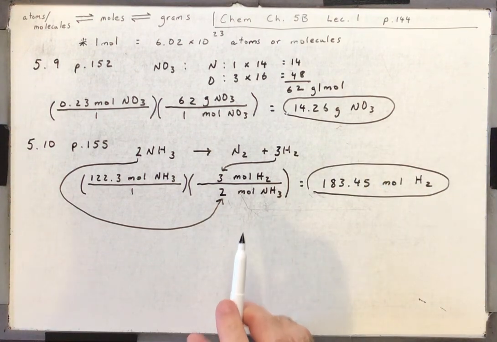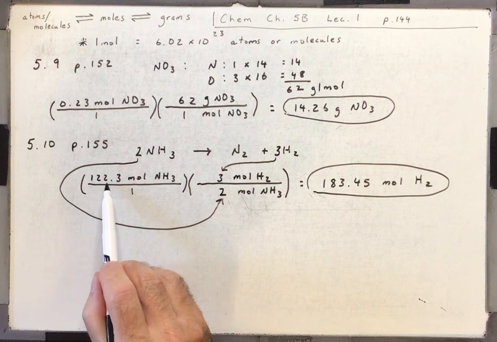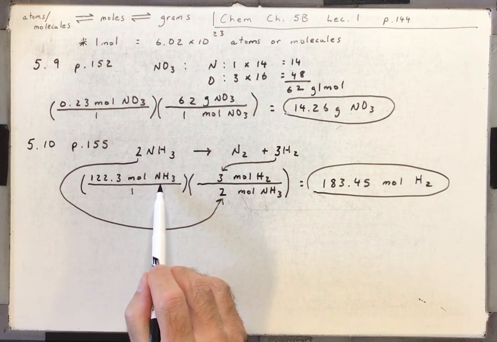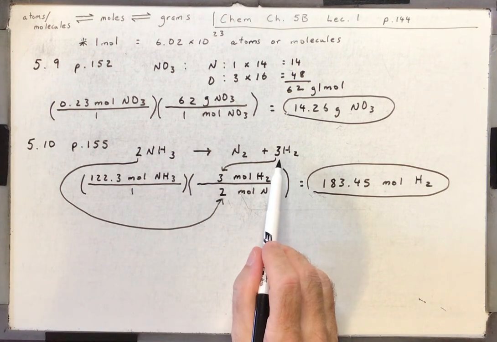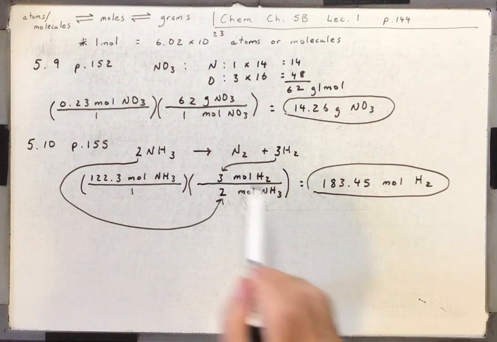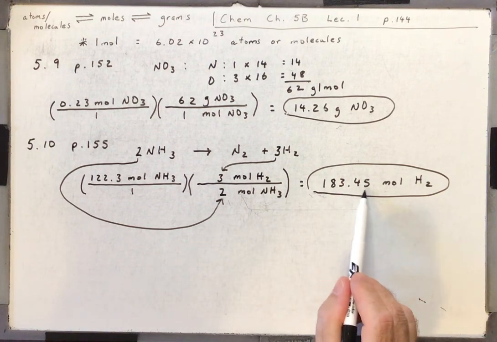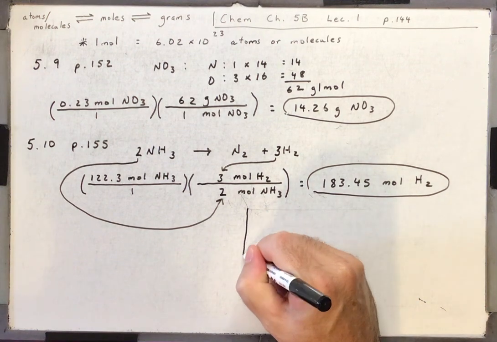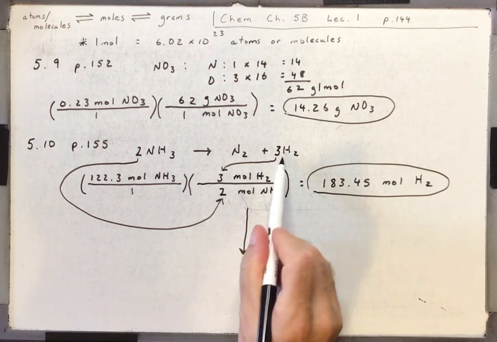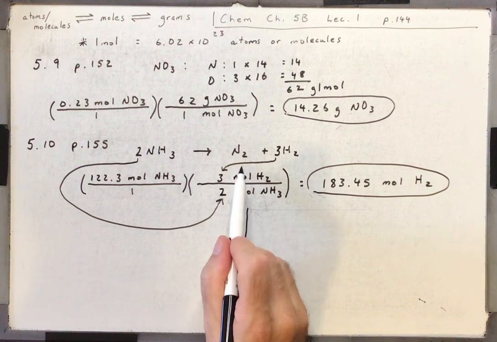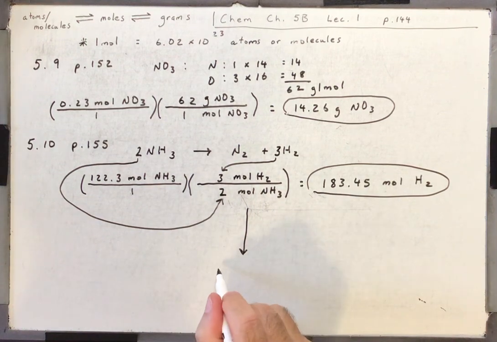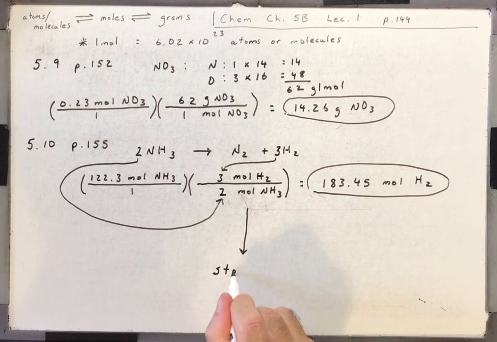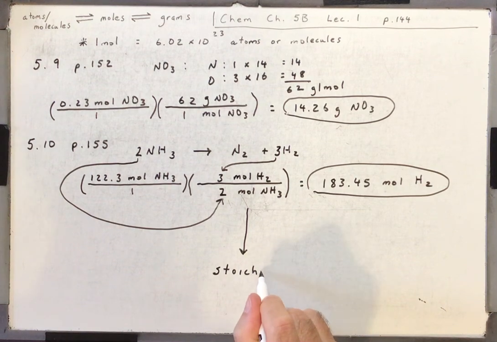It means if you start out with 122.3 moles of NH3 and you do this chemical reaction, after it's over, you will end up with 183.45 moles of H2. That ratio of coefficients, it's the ratio of moles, that is called stoichiometry.